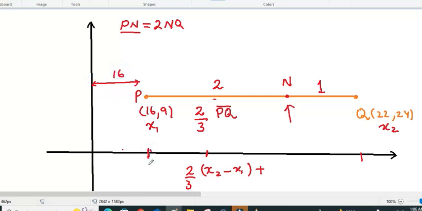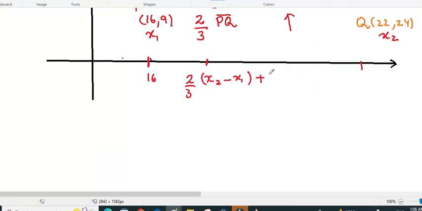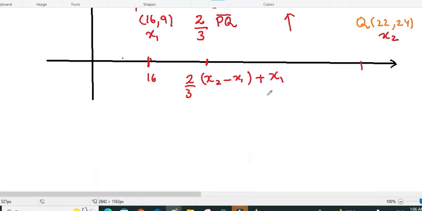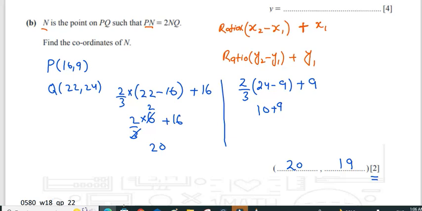This distance up till here is already 16, right? So finally when I find the distance between P and N, for the actual position of N, I have to add it in this distance. That is, in terms of the formula, I have to add it in x1. By following this, I have figured out this formula, that is ratio multiplied by x2 minus x1 plus x1.